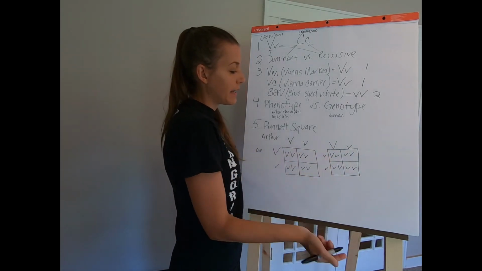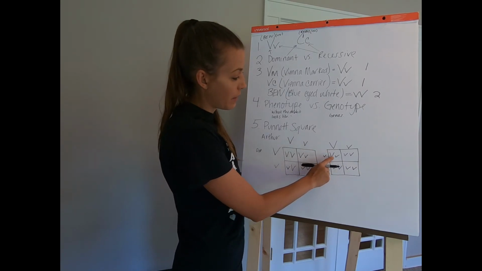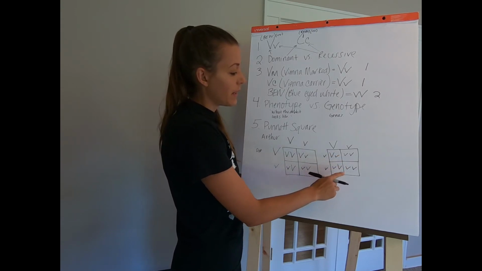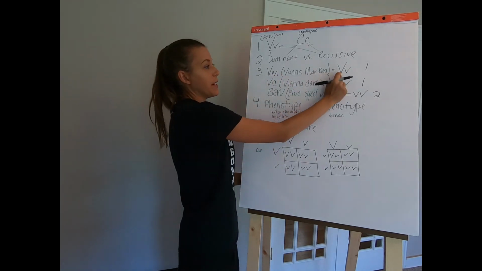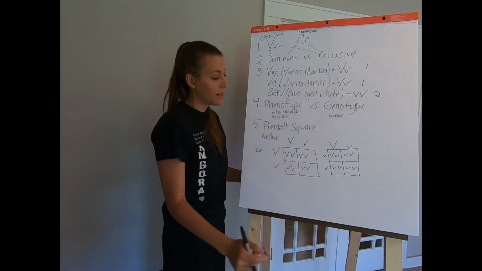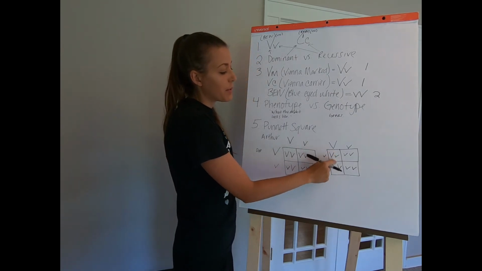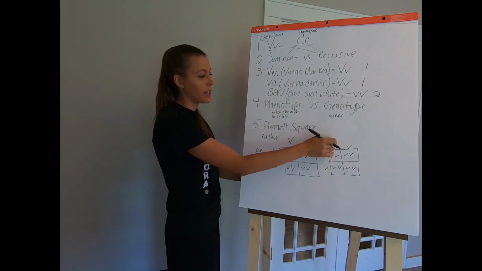So again, when we look at this Punnett square, we figure out that we have a big V and a little v, big V, little v. This is, again, either Vienna marked or Vienna carrier. Since there's 2 squares, we have a 50% chance of either Vienna marked or Vienna carrier rabbits out of this breeding.